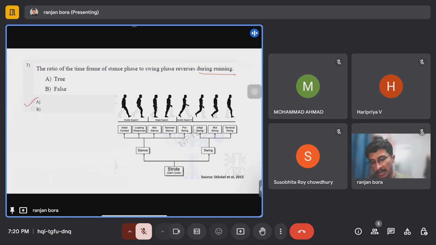During walking, we take the more percentage of stance. Like previously, we have seen during walking, we have 60 percent of stance phase and 40 percent of swing phase. But during running, it gets reversed. Means the stance phase gets reduced and swing phase gets increased. So it is a true statement.